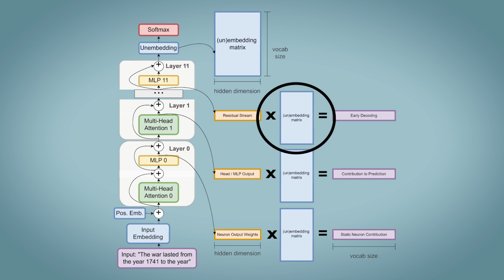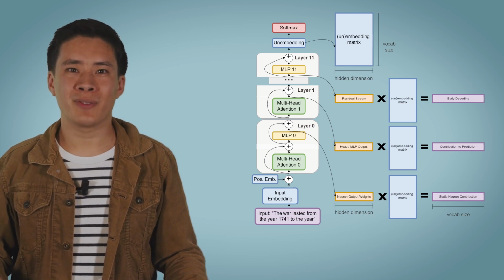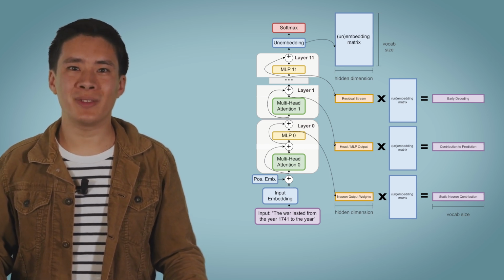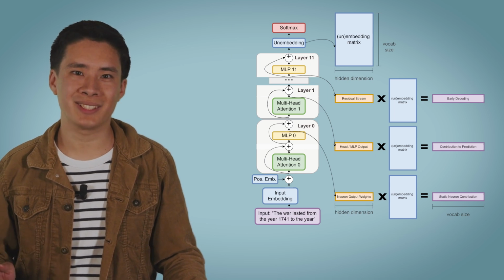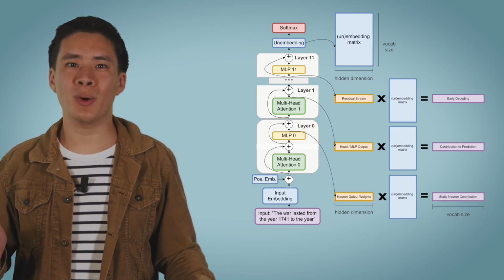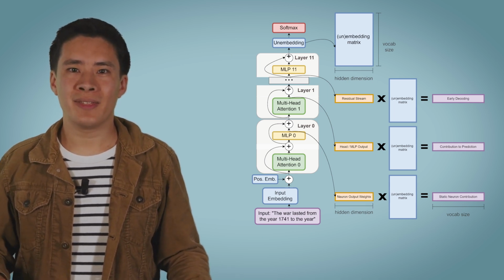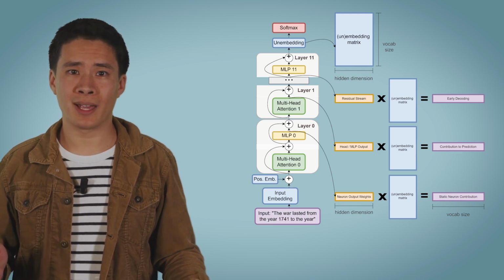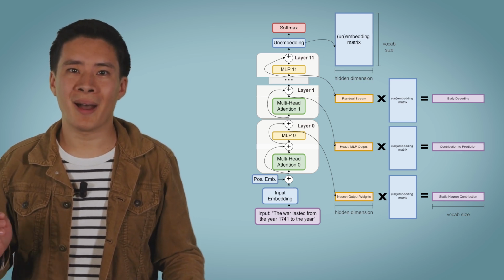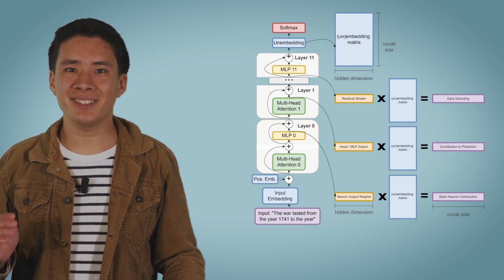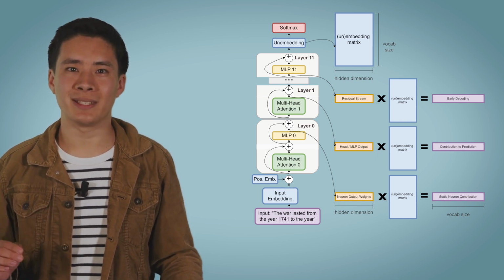This yields a vector of scores, or logits, one for each potential output word, indicating how likely that word is. But the output of the model's final layer is just the sum of each preceding component's outputs. In fact, this is true of all model layers. This means that we can also multiply other model activations by this unembedding matrix to understand them in vocabulary space.